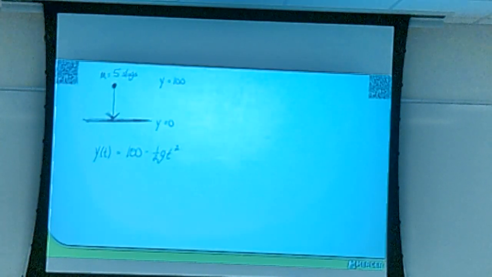When it hits the ground, what's y? Half gt squared has to be 100. t squared would then be 200 divided by g, right?